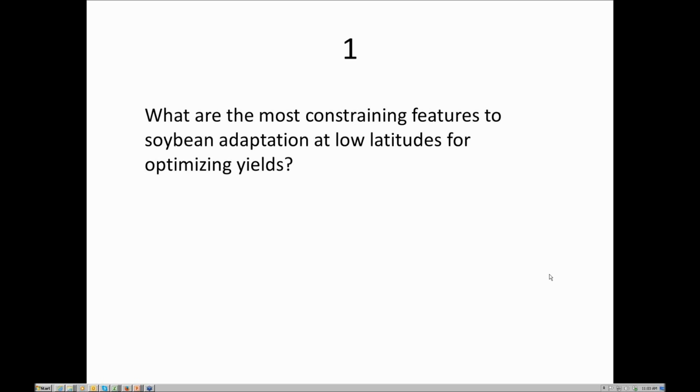So the G by E you see at different day lengths is because the isolines end up sampling a different sample of day lengths when you're growing them under natural conditions.